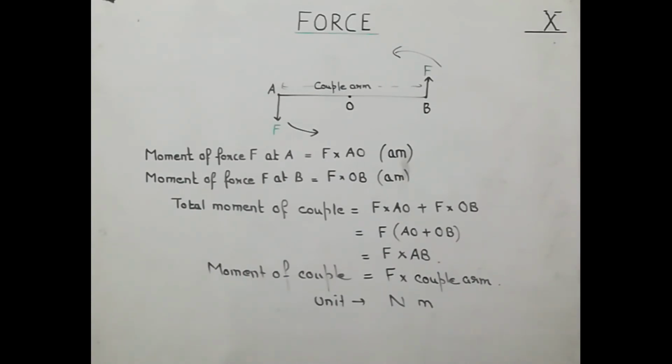The derivation tells us that you have to find the product of one of the forces, because both forces are equal, multiplied by the distance between the two forces, that is couple arm. So this is the formula for calculating moment of couple.